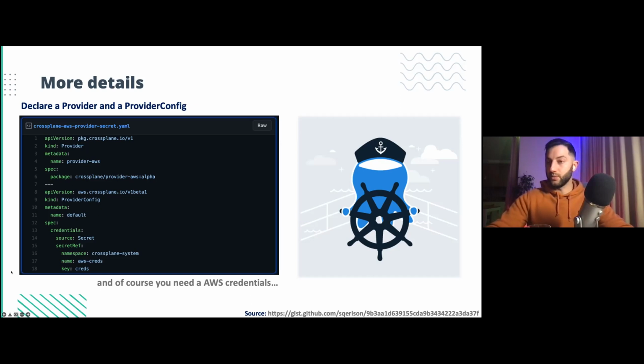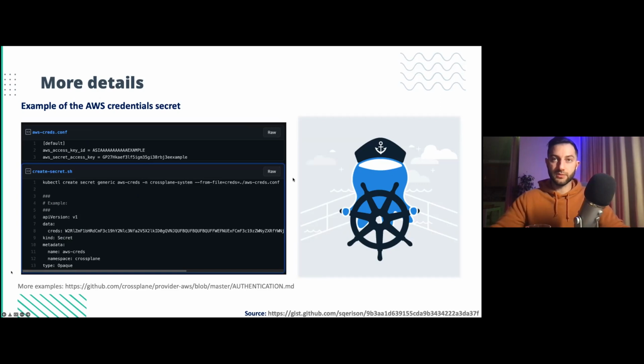If you visit this link to the GIST, you will see an example of how you can use integration with the OIDC provider. Now, of course, we need to have credentials. Those are not real, of course. I'm just showing you the structure.